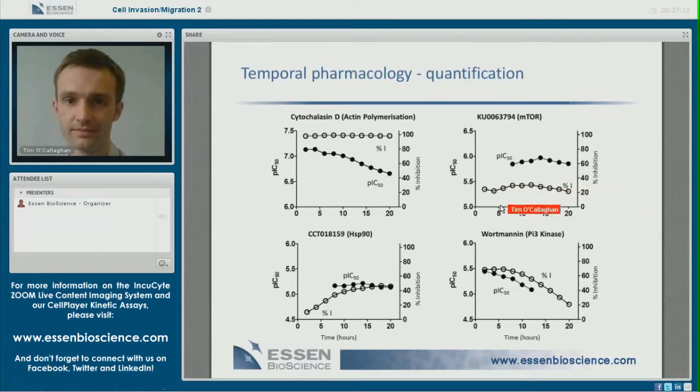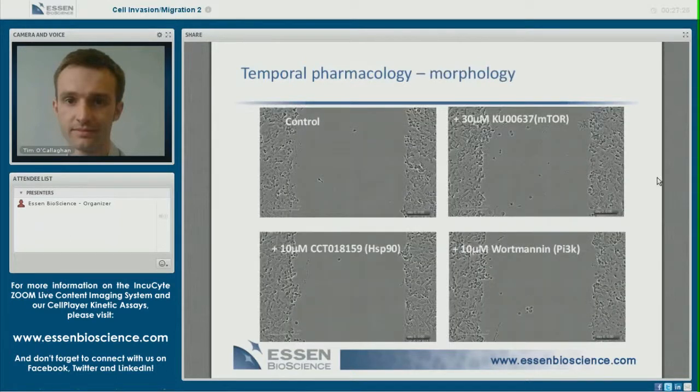And this really shows that these temporal analyses allow us to identify these low levels of inhibition in a robust manner, even at early time points. So behind each of these temporal profiles and analyses are also the images and movies that can be used to support conclusions drawn from them.